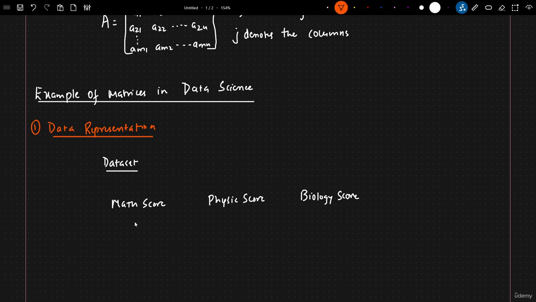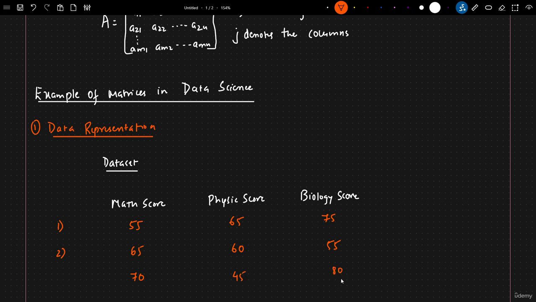Now, I will consider my first row. Let's say the first row has marks like 55, 65, 75, okay. So these are the marks of student 1. So let's say this is my first record. My second record is, let's say the math score is 65, physics score is 60, and biology score is 55. So this indicates the score of the second student. For the third student, I can consider, let's say math score is 70, physics score is somewhere around 45, and biology score is somewhere around 80, okay.